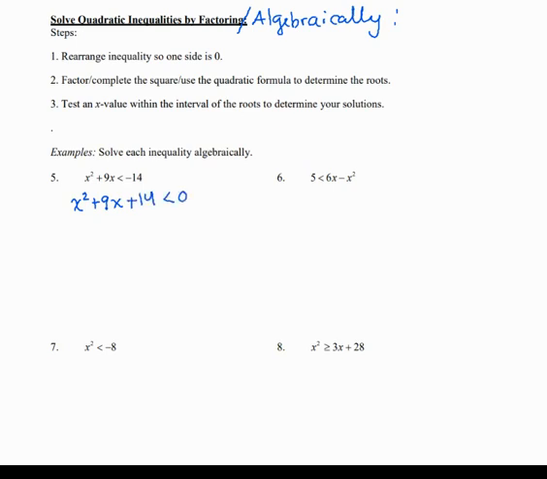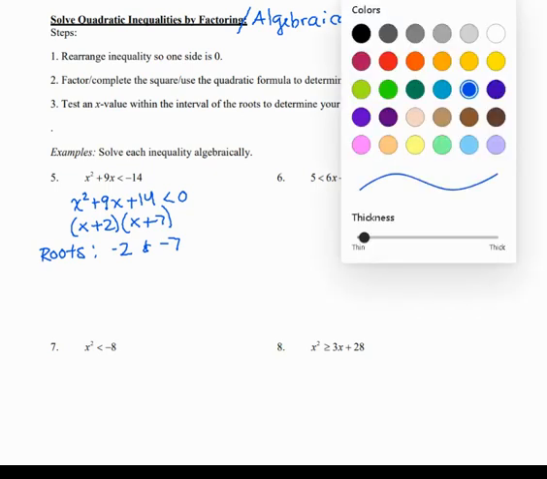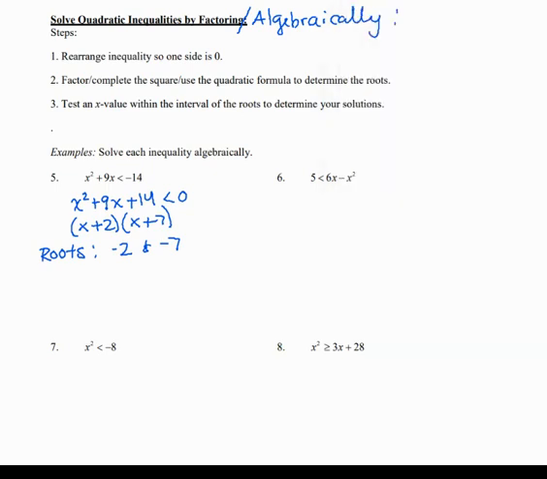Now I will factor. So what multiplies to 14 adds to 9? We get x plus 2 and x plus 7. That gives me roots of -2 and -7. What we know now is that my answer is either going to be, and I'm going to erase this afterwards, x such that x is between those two values, or it's going to be x such that x is less than -7, or x is greater than -2.